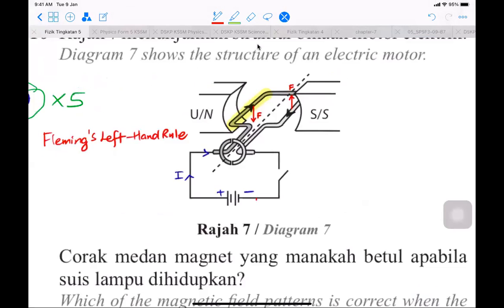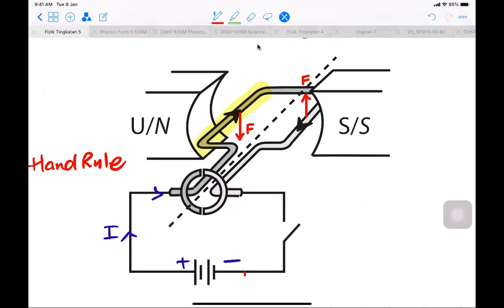Wait a moment. This one, on the left hand side, if we look from the front view, the current is pointing at the back.